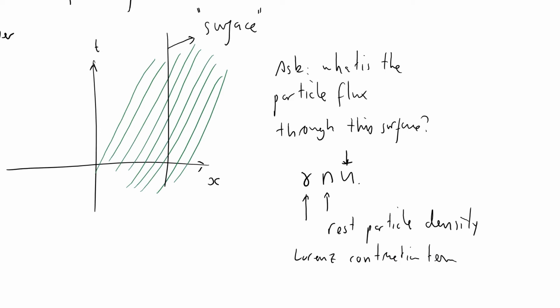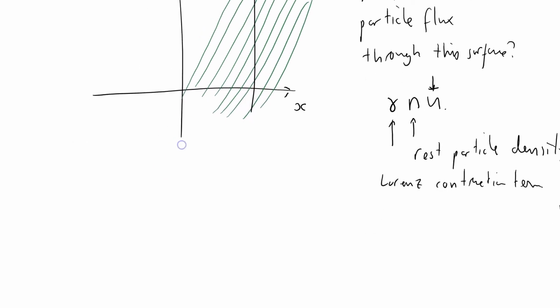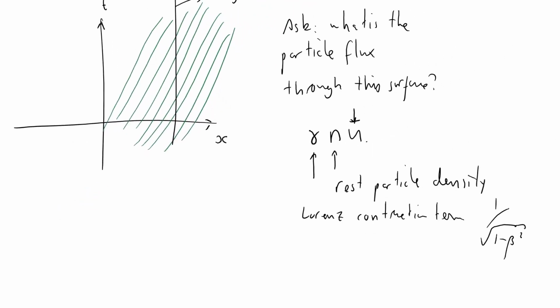Because, of course, in the rest density, the particles have got a different density from the density that I perceive because they're moving relative to me. So that's 1 over root 1 minus beta squared. And similarly, the flux through the other directions is going to be gamma n u v and gamma n w.